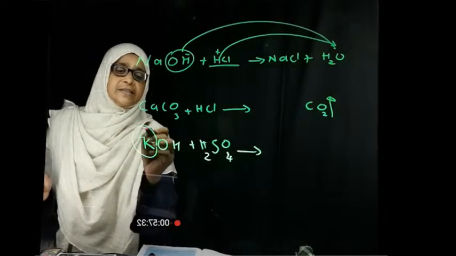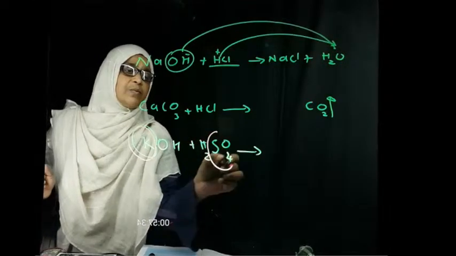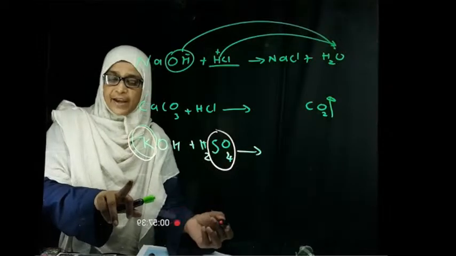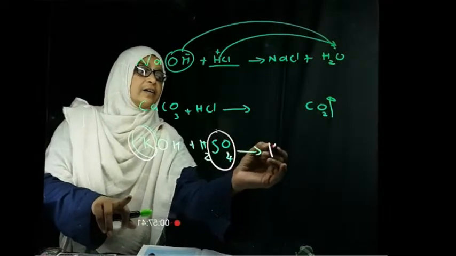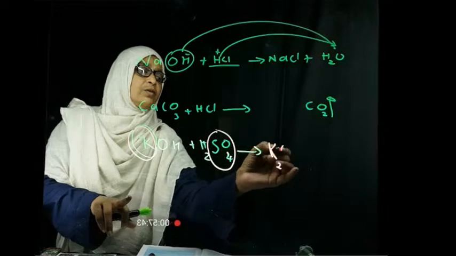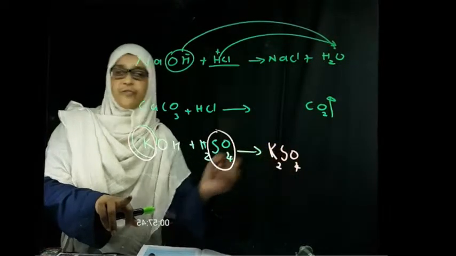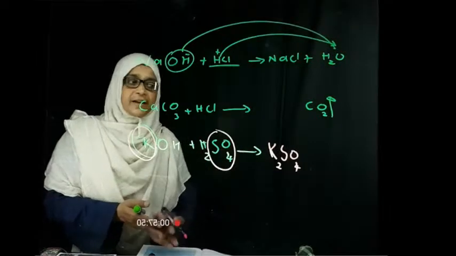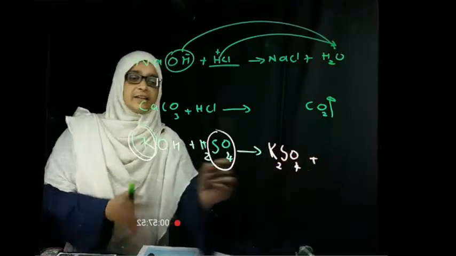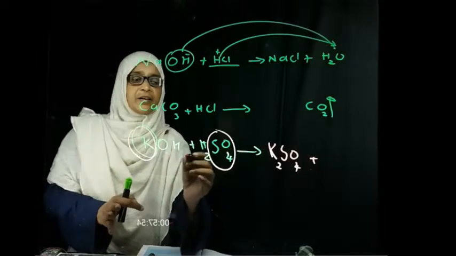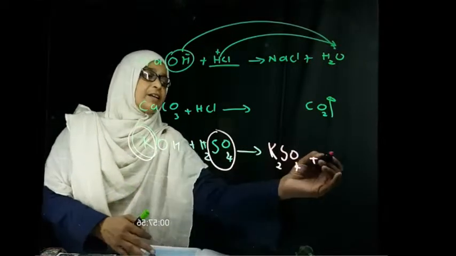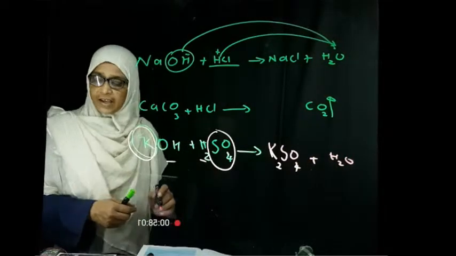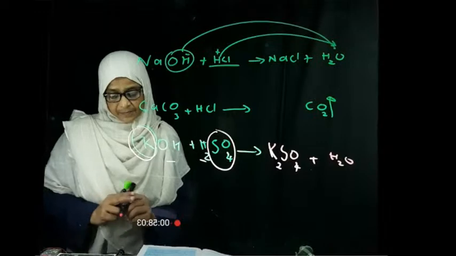This K and this SO4. We know K plus and SO4 2 minus, so K2SO4. This is the salt. Neutralization is common for this one and this one. Okay, go to the next.